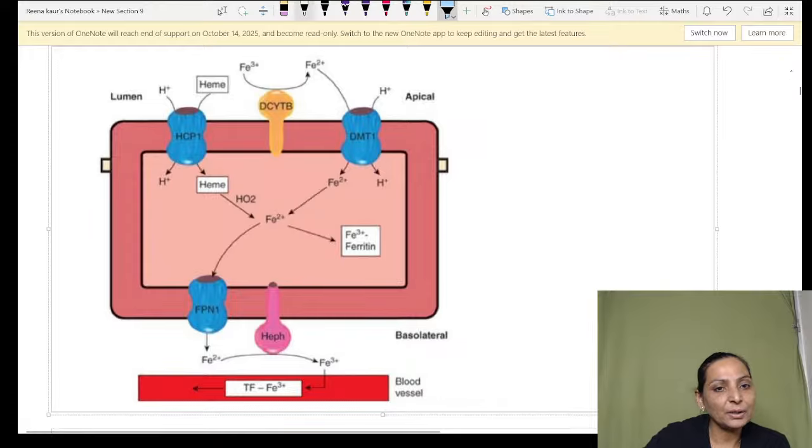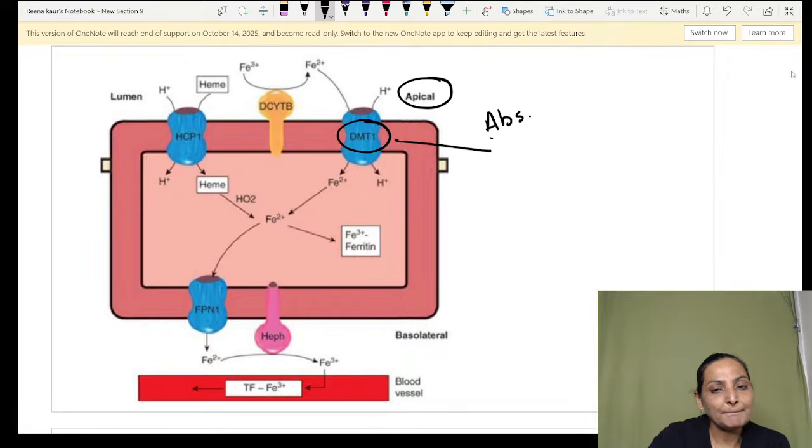This is the figure which is showing you the absorption of iron. On the apical side, the very important protein that absorbs iron is the divalent metal transporter 1, along with the heme transporter or the heme carrier protein, and this is going to convert your ferric form of iron into ferrous.